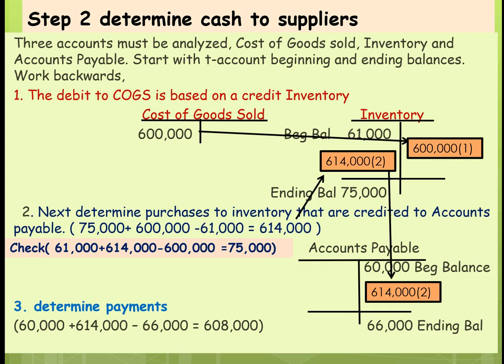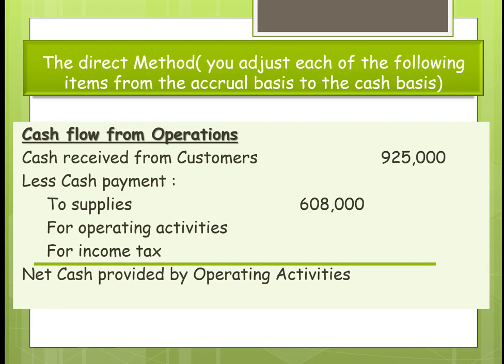So if we take 60,000 plus 614 minus 66, it tells us that we actually paid 608,000, which is going to go on our cash flow from operations. There's our 608.